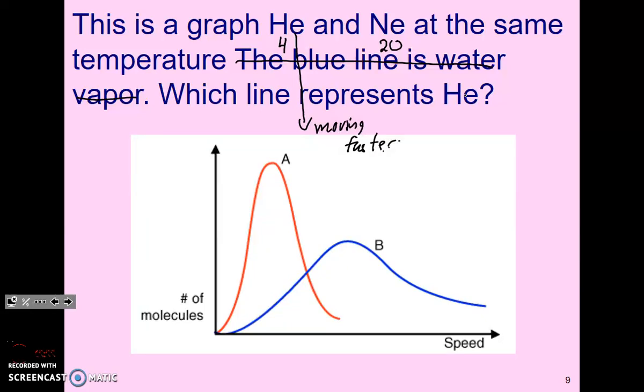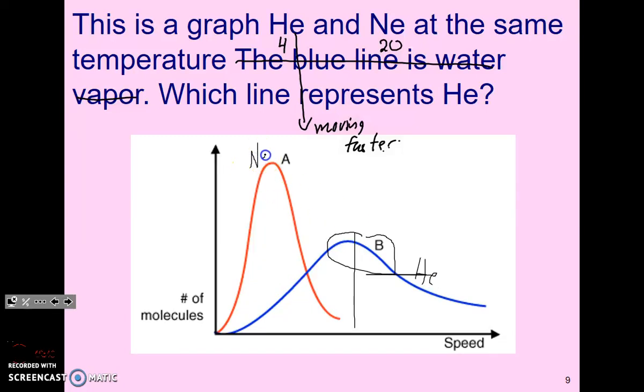Remember, their kinetic energy is the same, but the He molecules have faster speed. Which graph shows where more of the molecules are moving at a faster speed? Well, that's graph B. In graph B the average speed is faster because it's more to the right on the x-axis. So the graph here, this is He. And the graph here is Ne.